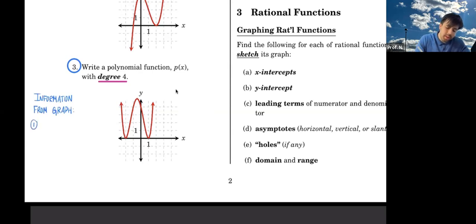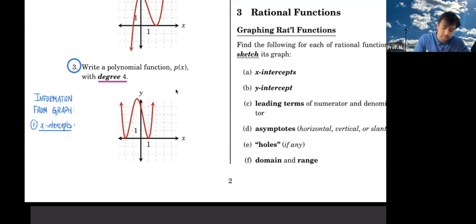Number 1 is what are the x-intercepts? Remember, the x-intercepts are also known as the roots. So what are the x-intercepts or the roots according to the graph? Well, according to the graph, where does it touch the x-axis? At 1 and at -2.